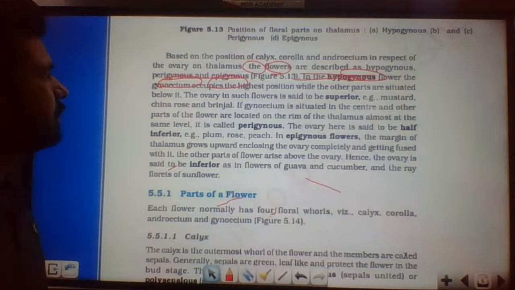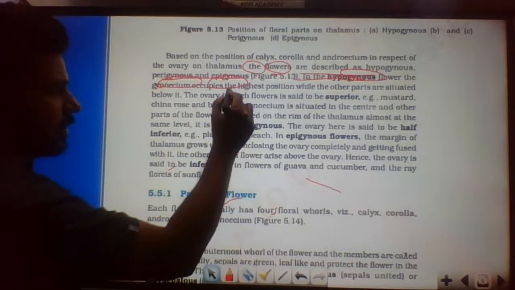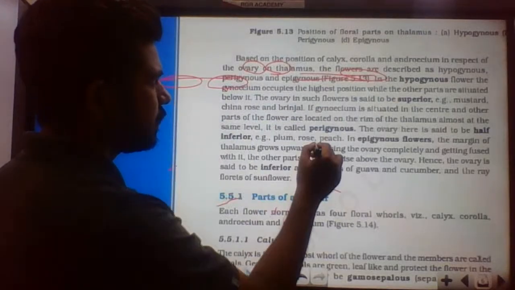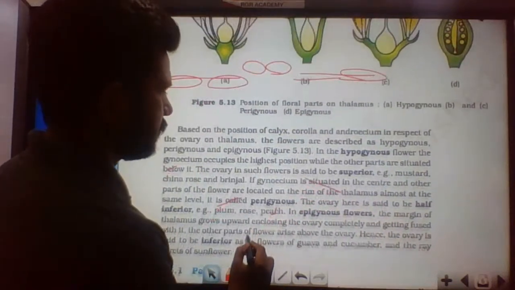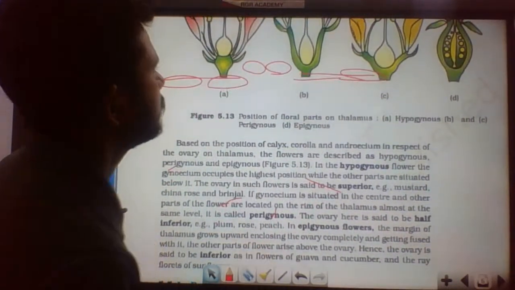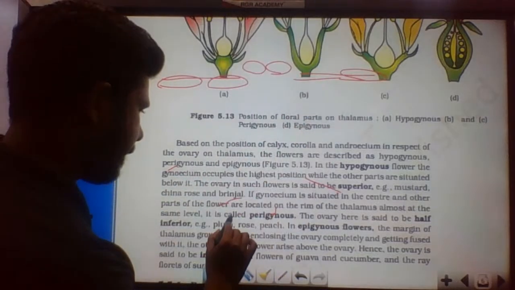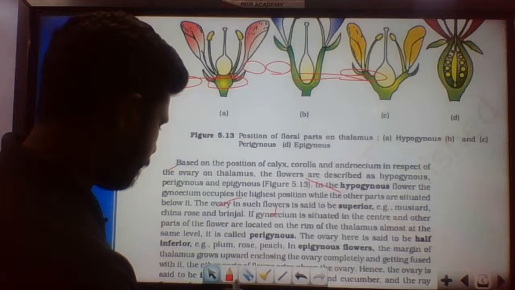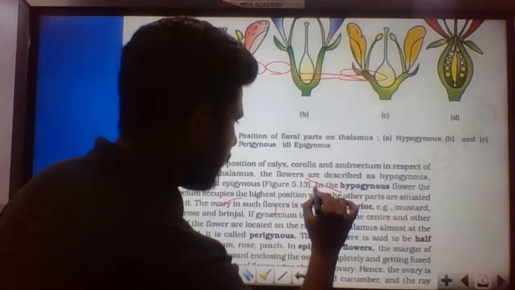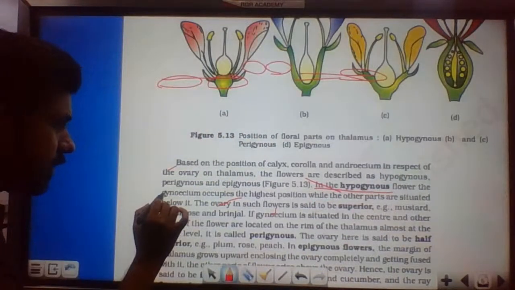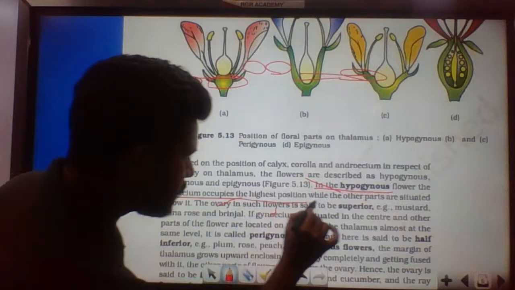In hypogynous flowers, the gynoecium occupies the highest position. Let me keep it like this for looking at these diagrams. See, this is the hypogynous flower. In the hypogynous flower, the gynoecium occupies the highest position.